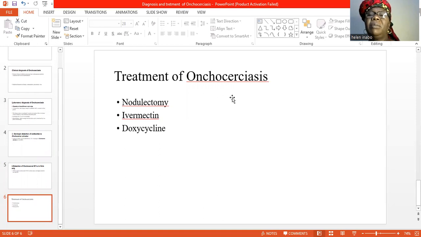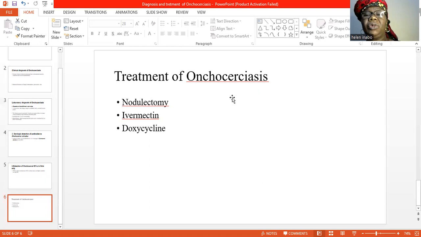The microfilariae are produced by the female worm, and they are the ones that are ingested by the insect vector Simulium.